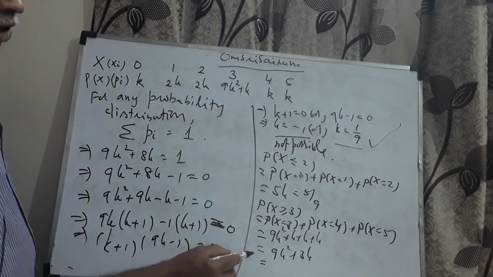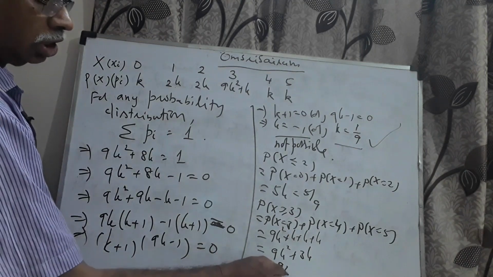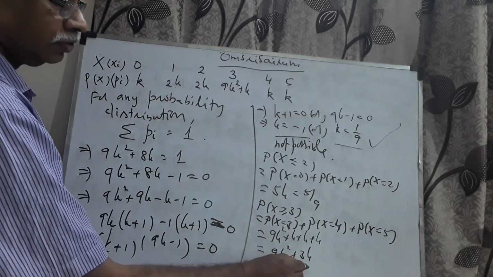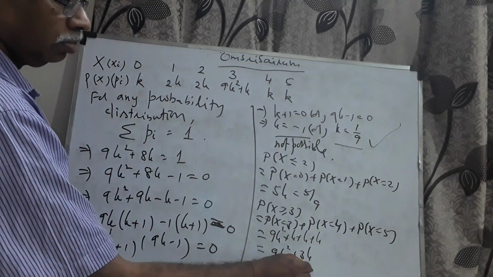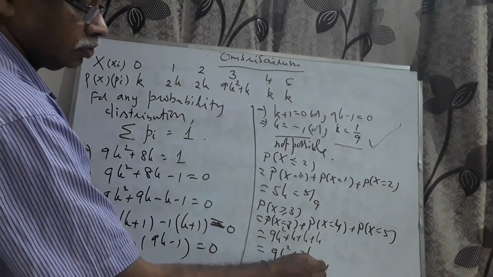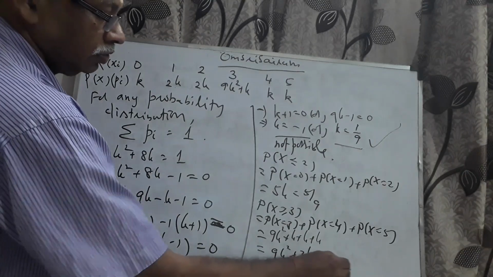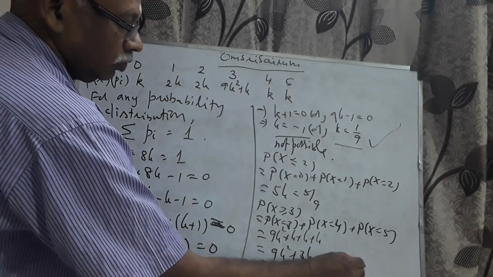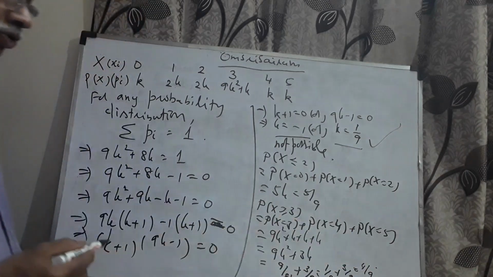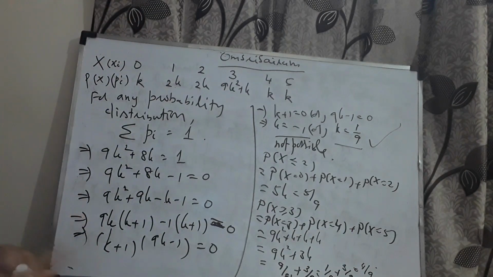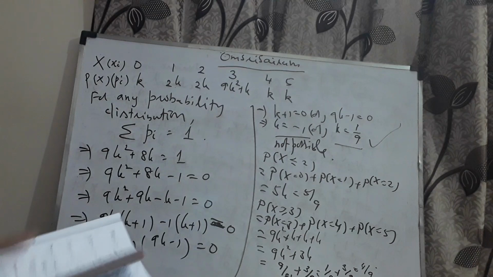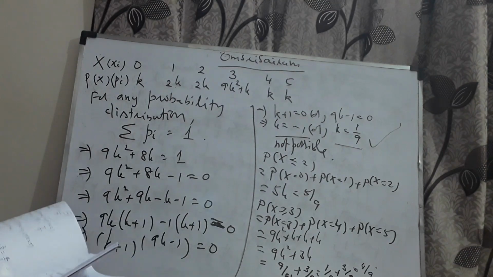Therefore, this is reduced to 9 by 81 plus 3 by 9, which is 1 by 9 plus 3 by 9, which gets reduced to 4 by 9 ultimately.